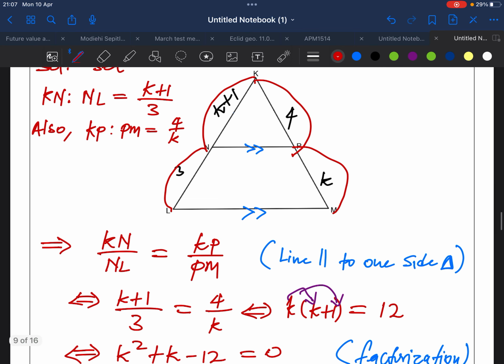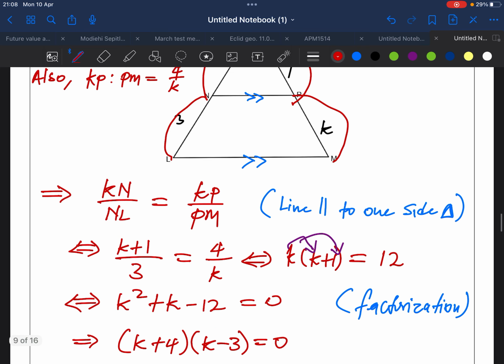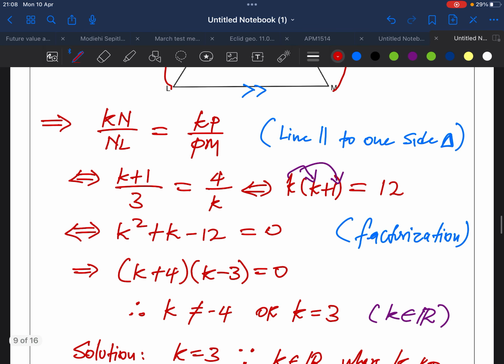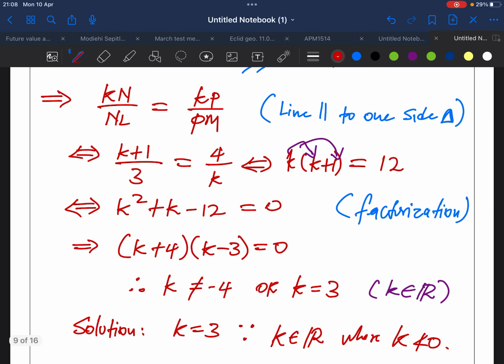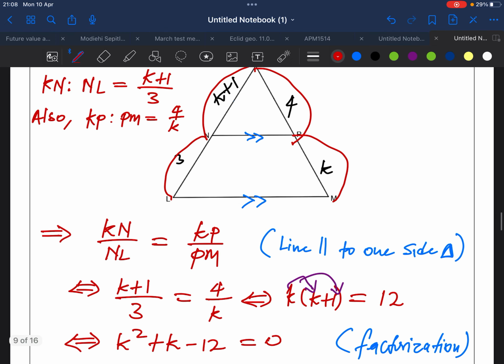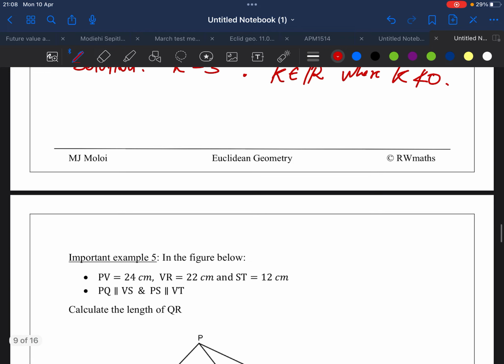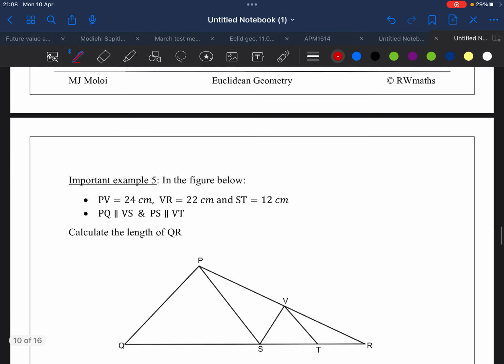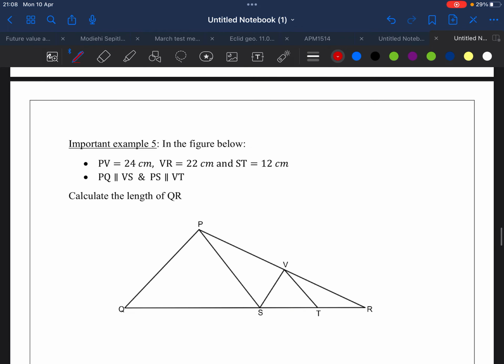Euclidean geometry is the art of reasoning. We need to test your reasoning skills, so make sure that you have your reasoning skills sharp at all times. Now let us go to another example, important example 5.